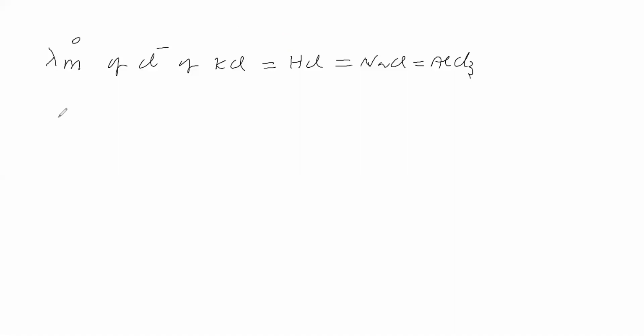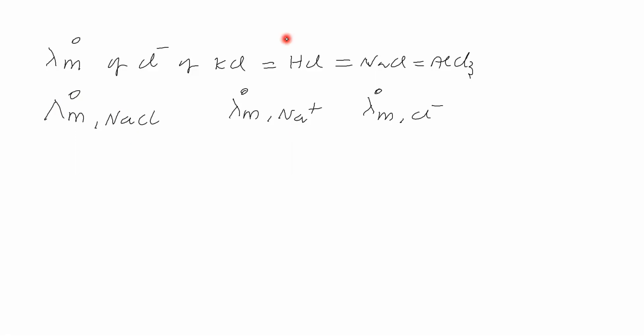Now we will take lambda m naught of NaCl, lambda m naught of Na plus, and lambda m naught of Cl minus. This is called the molar conductivity of NaCl at zero concentration.